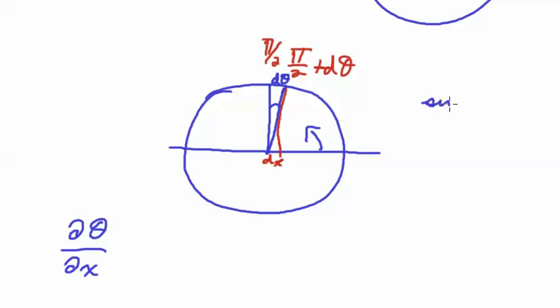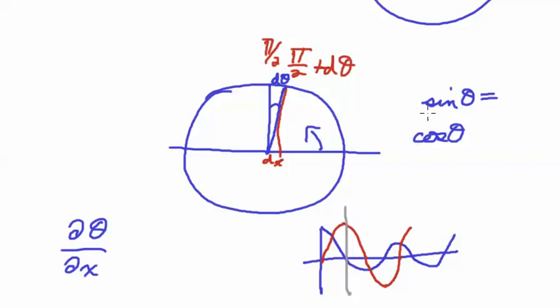So what are sine theta and cosine theta? Sine pi over 2 is 1, and cosine pi over 2 is 0.